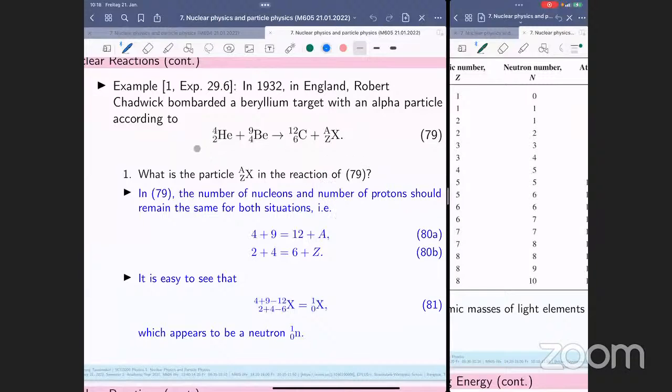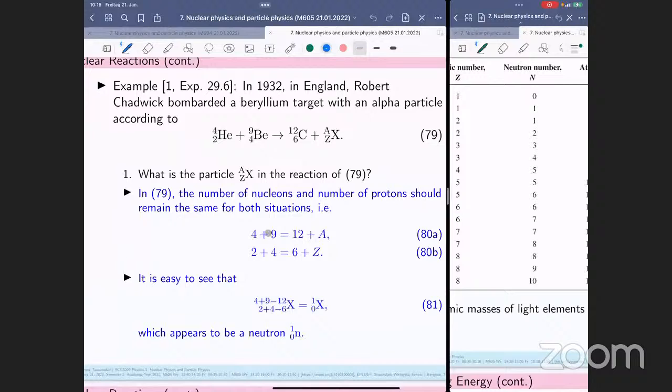To make this process balanced, let's consider the number of nucleons. Okay, the numbers in the upper part of those four particles. On the left-hand side, at the input side, 4 plus 9, which becomes 13, right? And on the right-hand side, 12 plus A, right? A is the number of nucleons for the X particle.